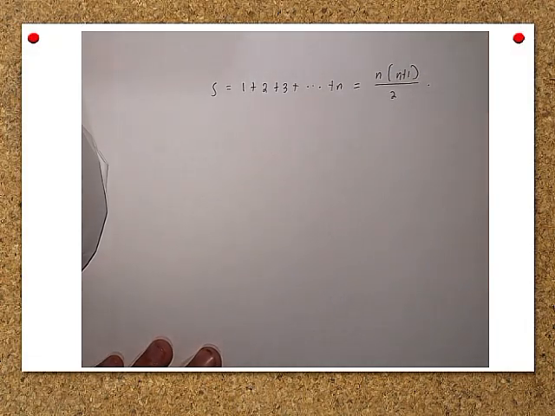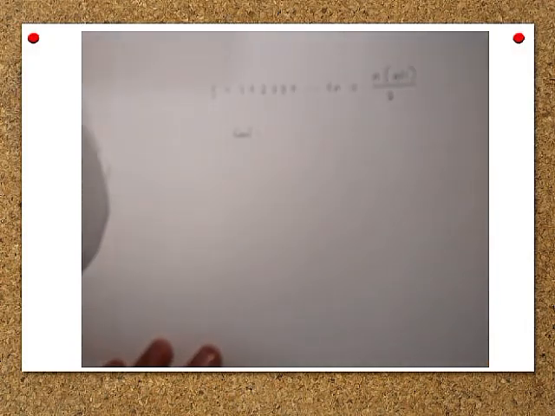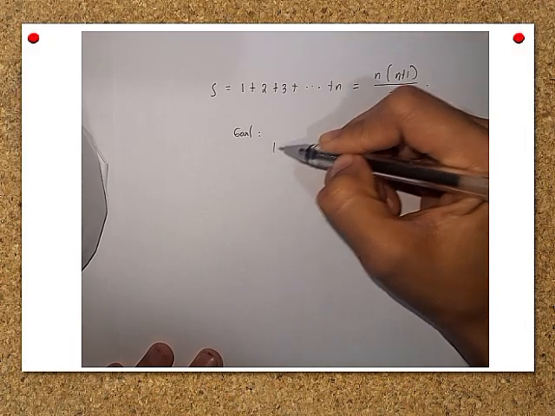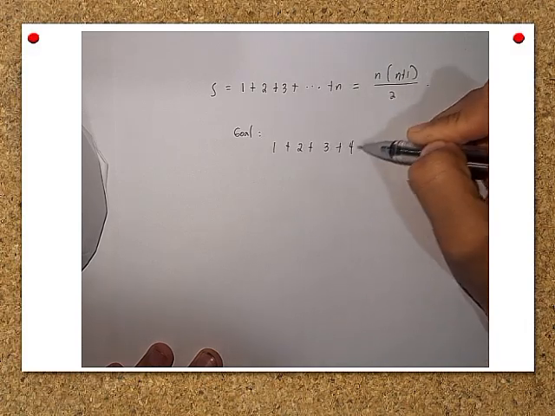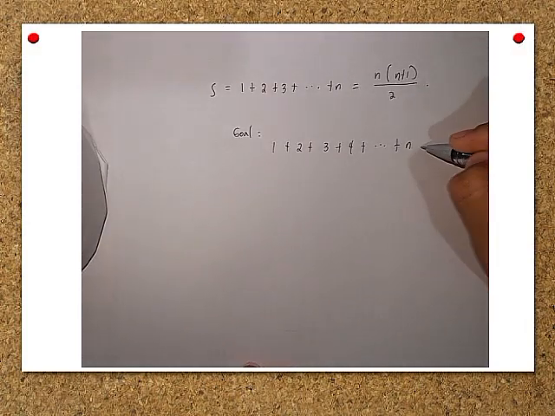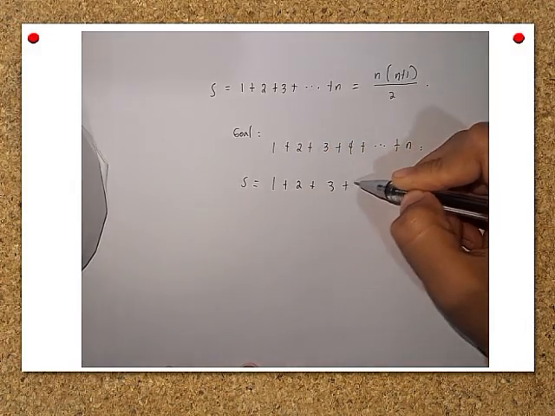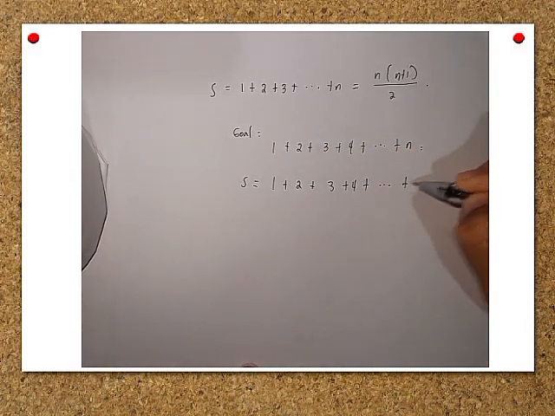So how does it turn into that? Our goal is to find the formula for 1 plus 2 plus 3 plus 4 plus ellipsis plus n. Let's write the sum of the first n natural numbers as S is equal to 1 plus 2 plus 3 plus 4 plus ellipsis plus n minus 1 plus n.